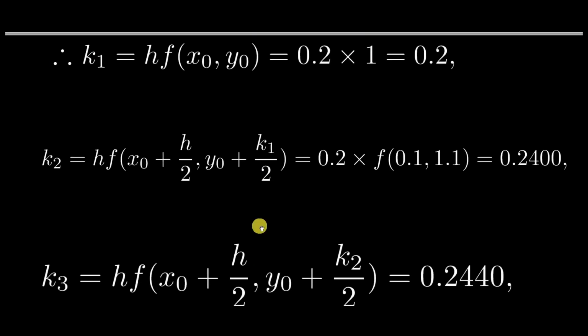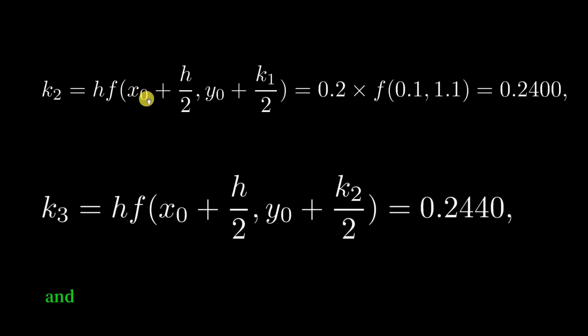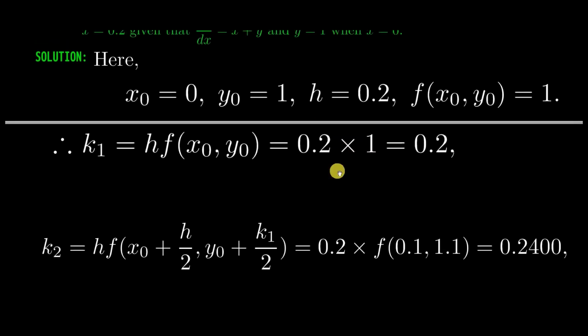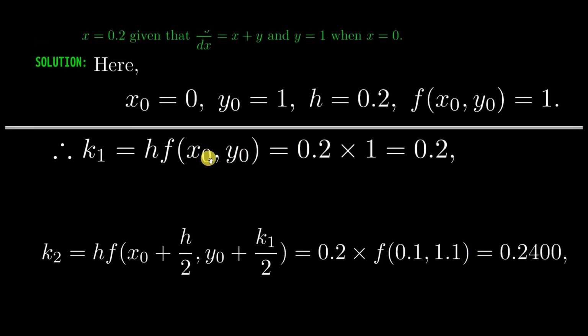Similarly, k2 is h times f of x naught plus h by 2, y naught plus k1 by 2, that is 0.2 times f evaluated at 0.1, 1.1. Basically we are just using the relations here: x naught plus h by 2, y naught plus k1 by 2, and k1 by 2 is nothing but 0.2 divided by 2, that is 0.1, and y naught is 1, so 1 plus 0.1, that is 1.1, and x naught plus h by 2, x naught is 0, h is 0.2, so 0.2 divided by 2, that is 0.1.